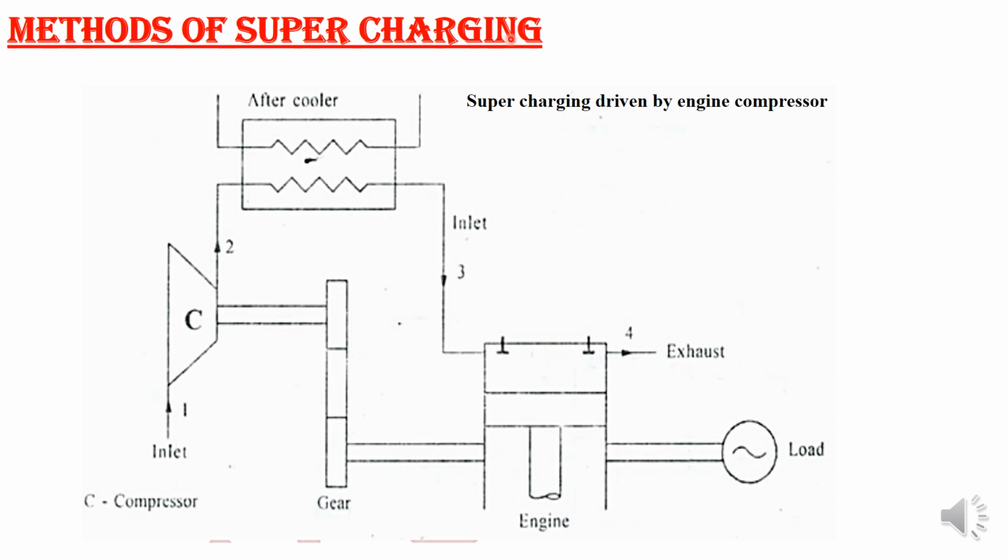So the supercharger may be run by the engine through a gear. Whatever power the engine produces, the supercharger element can run through the engine through gears. Alternatively, exhaust gases can be used to run that compressor. So there are four types.